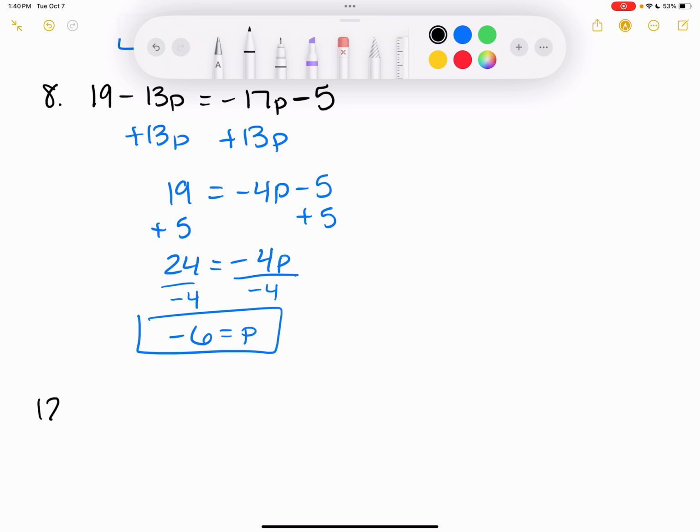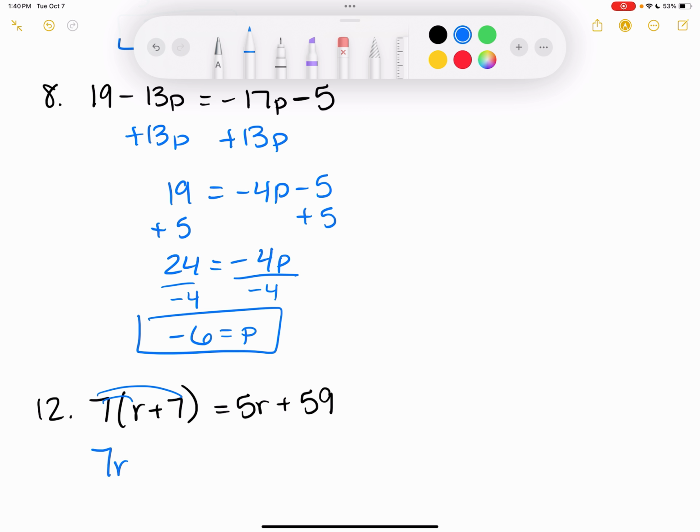Number 12. 7 times r plus 7 equals 5r plus 59. So if I have one like this, I need to distribute first before I do anything else. So I'm going to distribute this 7 to both of these.